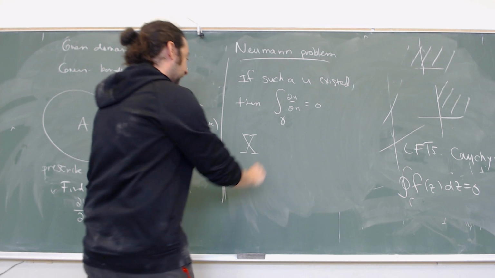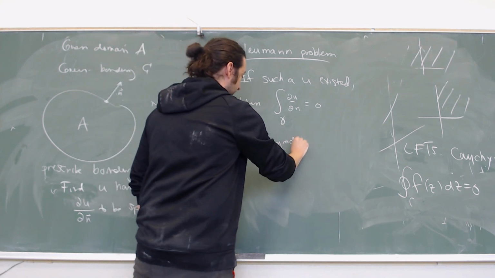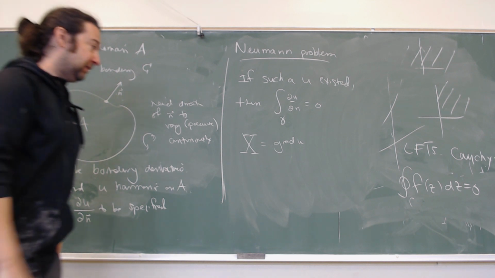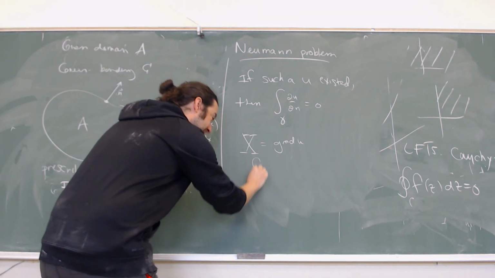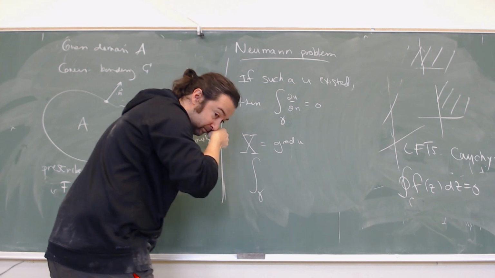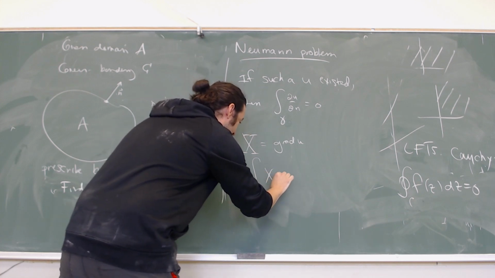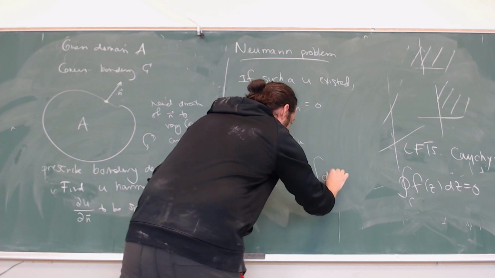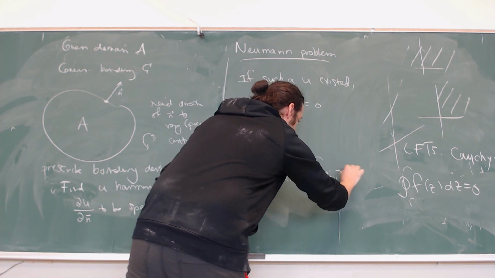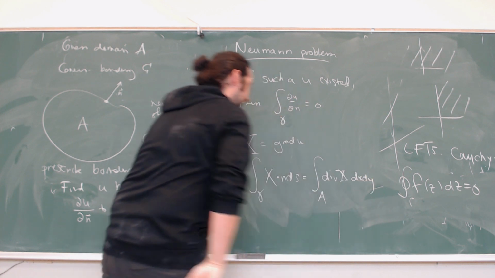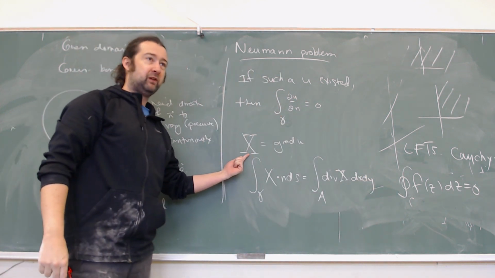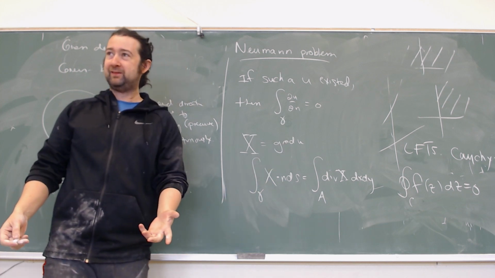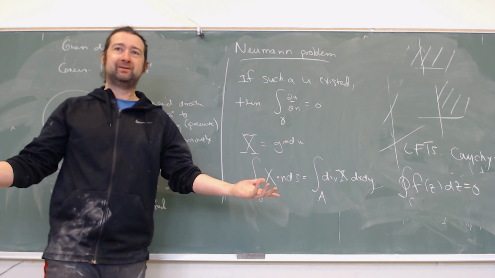If you let X be equal to the gradient of u to get a vector field, and plug that into the theorem that says the integral around gamma of X dot n ds is equal to the integral over A of the divergence of X dx dy. If X is the vector field given by the gradient of u, the divergence of the gradient is nothing, right?